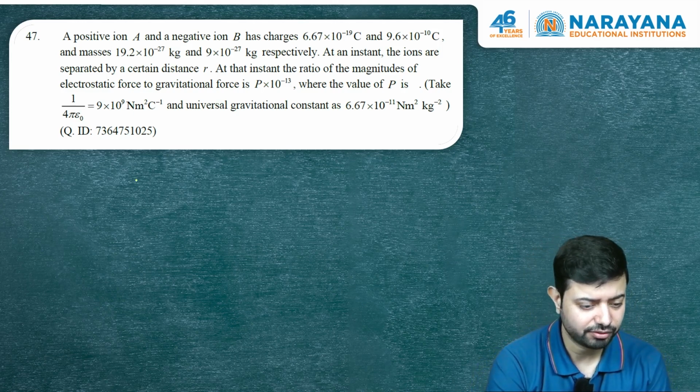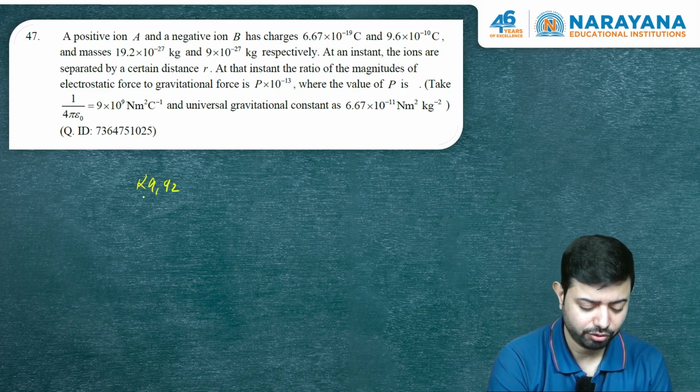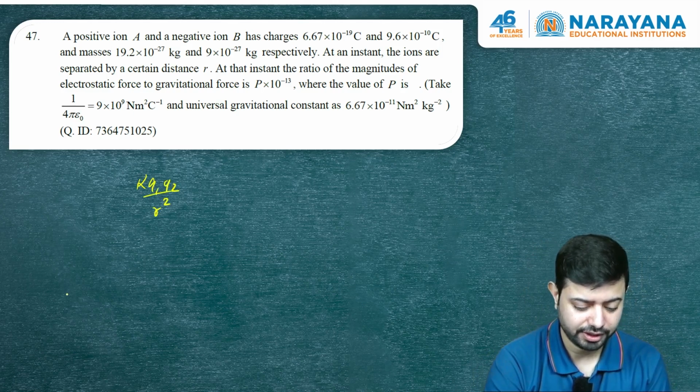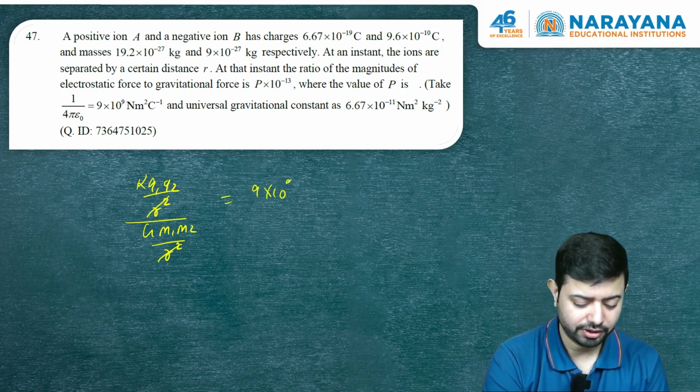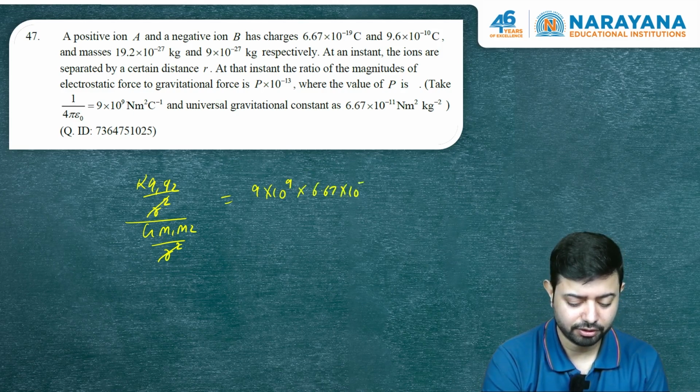What is the electrostatic force? K q1 q2 by r square, right, and the gravitational force G m1 m2 by r square. Now, r square cancel. So, what should your answer be? K is how much given? Yes, 9 into 10 to the power 9. q1 is 6.67 into 10 to the power minus 19. q2 is 9.6 into 10 to the power minus 10.